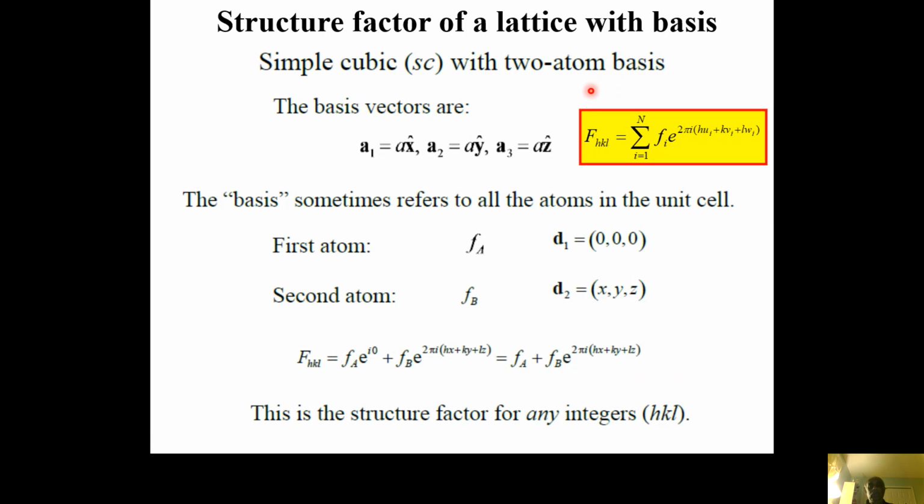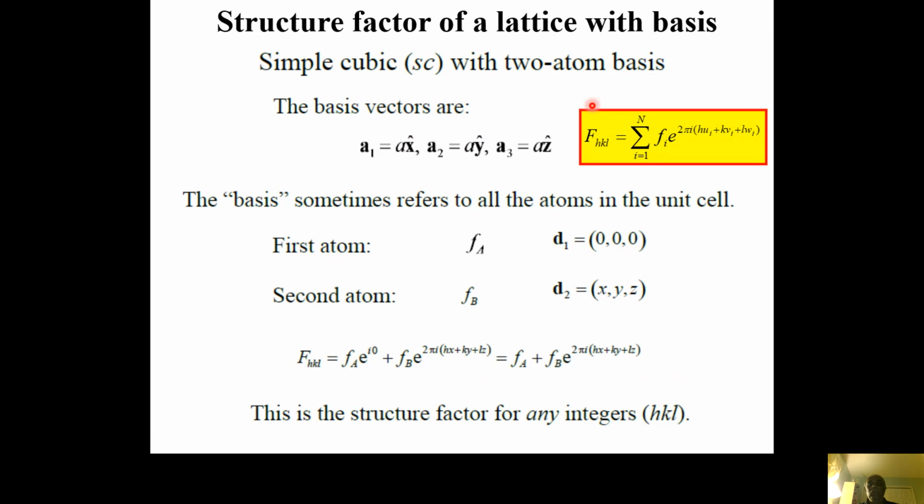So that means i goes from 1 to 2. We know the basis vectors for the simple cubic lattice are a, all the same a values, in the x, y, z unit vector directions. Since you have 2 atoms, you can pick one at the 0, 0, 0 position, just like before, and the other at any point, x, y, z.